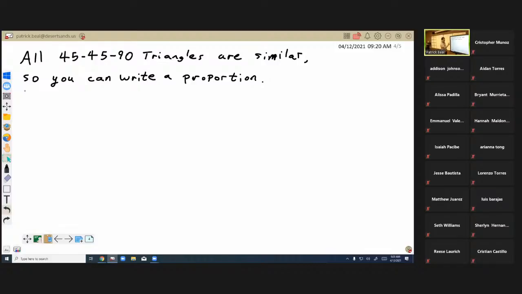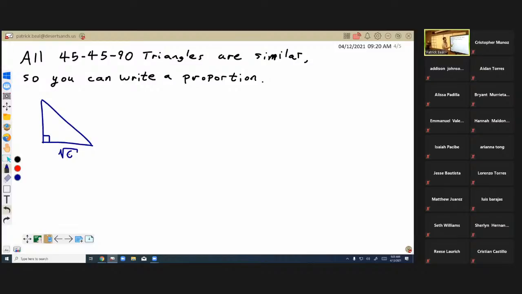So let's say that the triangle they gave you was this triangle here. Well, let's start off with one of these, like the ones where this side is square root of 6.